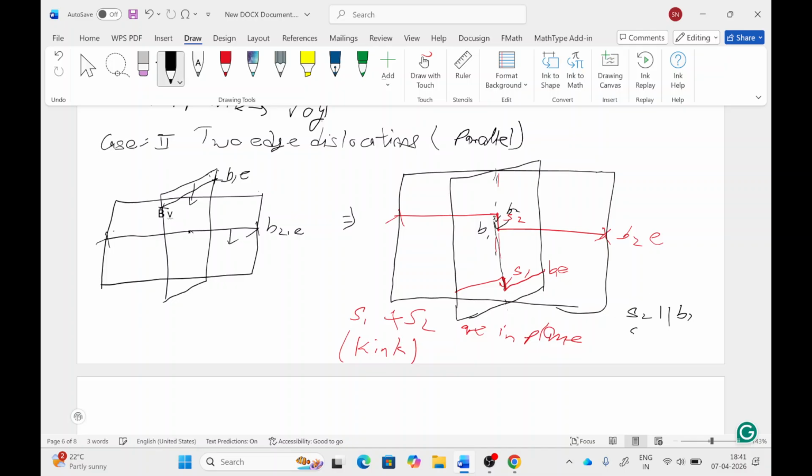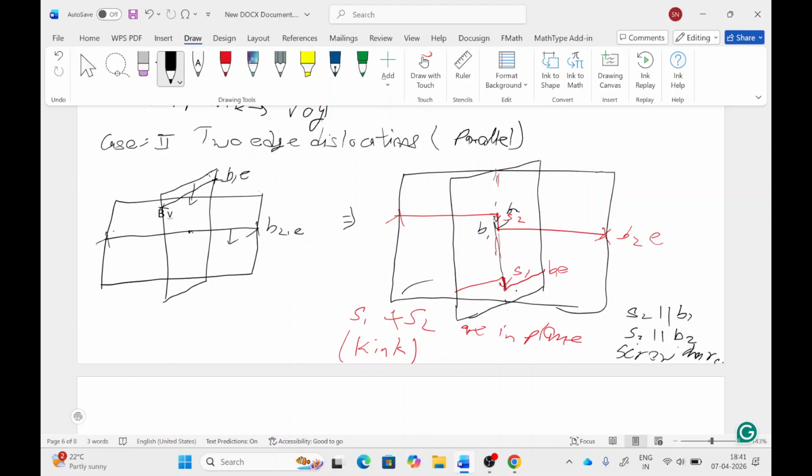As S2 is parallel to B2, the Burgers vector and line vector are parallel. So we can call it screw character.